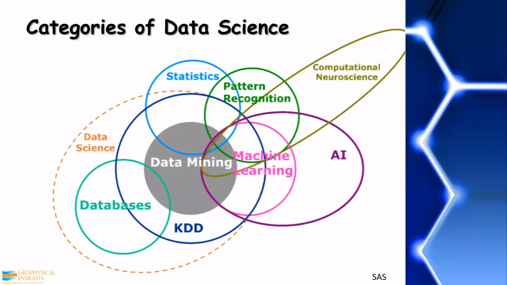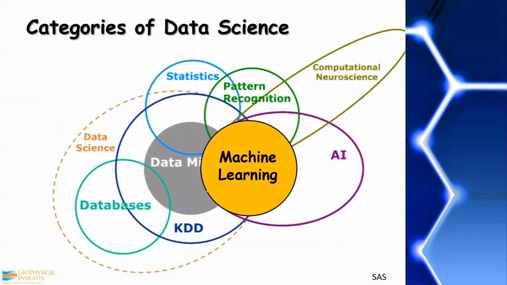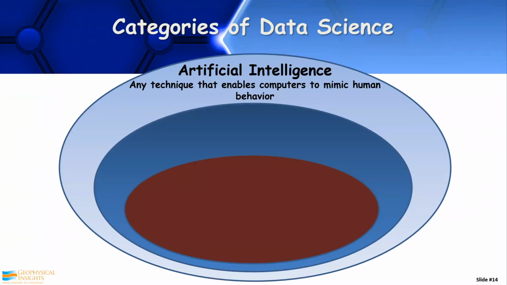Okay, so what would a presentation be without a Venn diagram? These are categories of data science, and today we're looking at machine learning, which is a subcategory of artificial intelligence. And artificial intelligence in its most generic form is the quality of intelligence being introduced into machines.